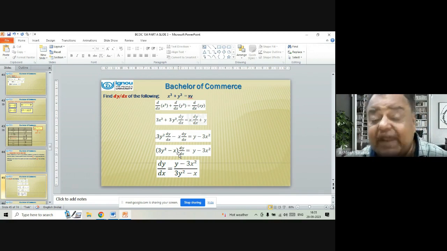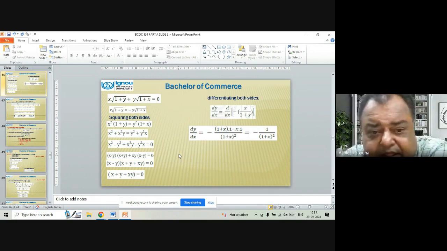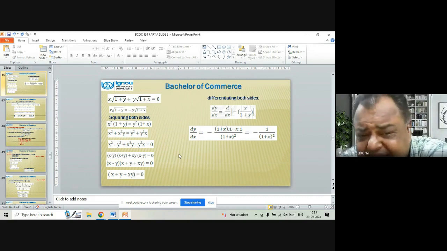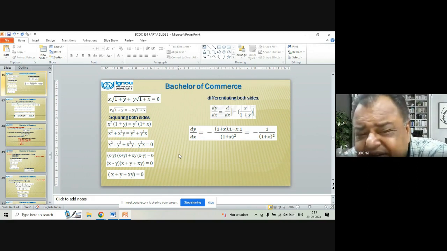We have to be very careful while solving implicit functions because they have x and y together. Here comes another form of problem. This is x under root 1 plus y, plus y under root 1 plus x. You can see that it has y and x together.